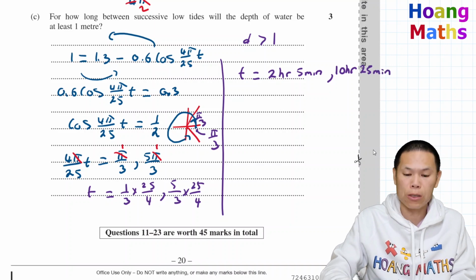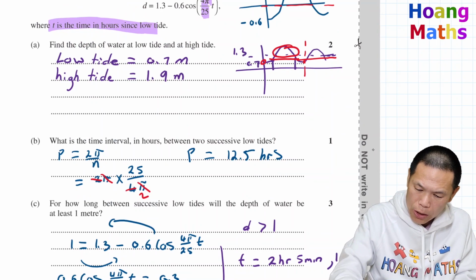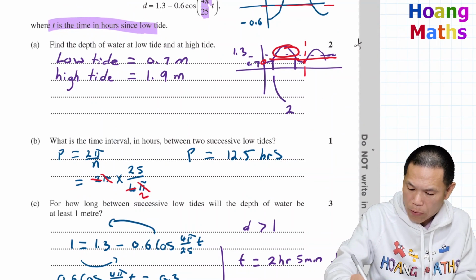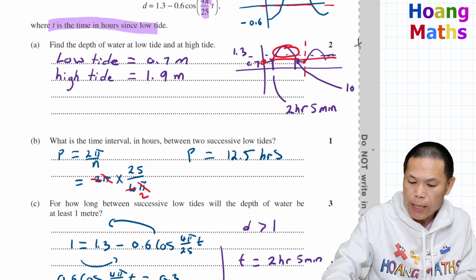So that is the time interval. This one here is 2 hours and 5 minutes, that's where we start, and then we end here at 10 hours and 25 minutes.